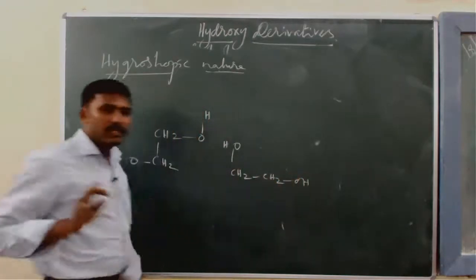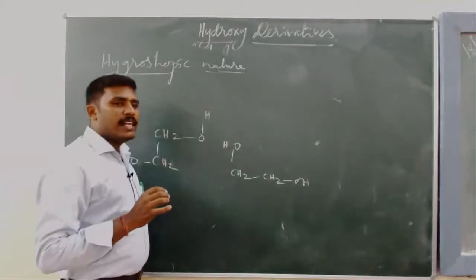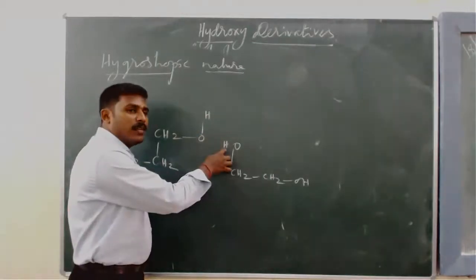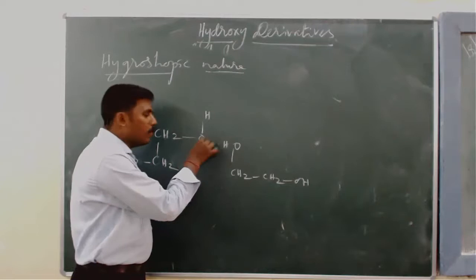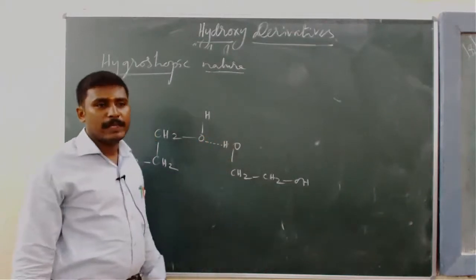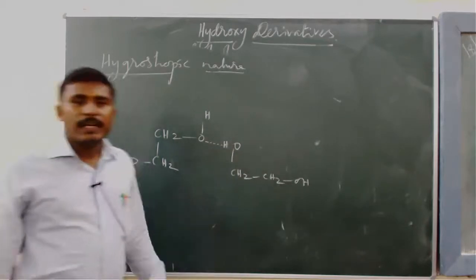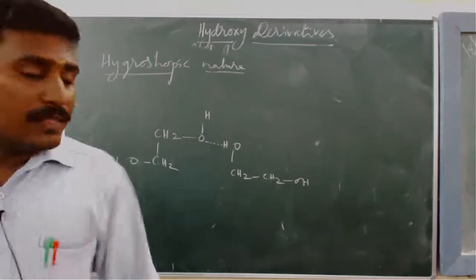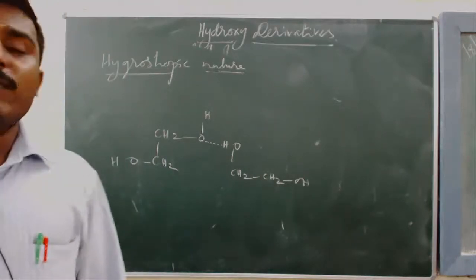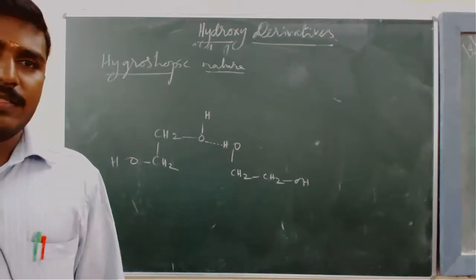It's two ethylene glycol. Now listen. Now where is hydrogen bond? This hydrogen bonded with this electronegative atom oxygen. Hydrogen bond is always denoted by dotted line. So that ethylene glycol easily forms hydrogen bond. That's why viscosity, melting point, boiling point, everything increases.